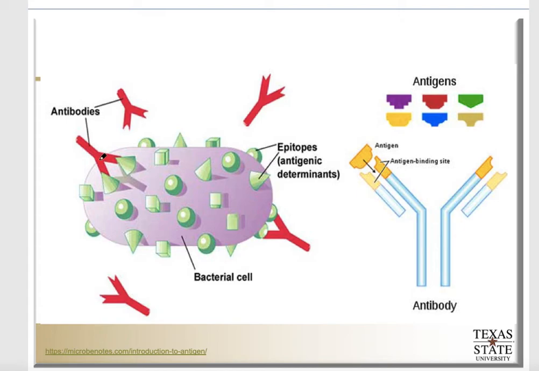In this particular case, our red antibody can only bind to the triangular or cone-shaped proteins, right? While even though there's a number of other proteins, this particular antibody can only bind to this. This other antibody apparently binds to something round, right? So each type of antibody would be designed to bind a specific epitope on the pathogen that we are interested in.